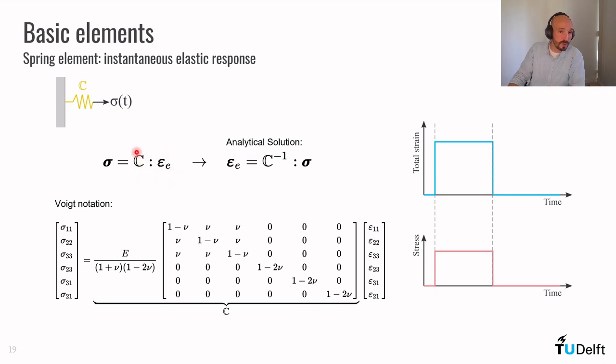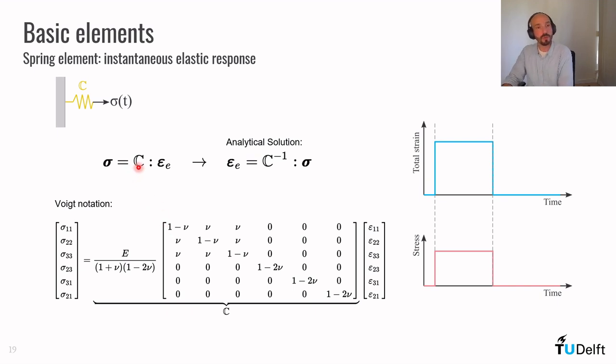This fourth order stiffness tensor can be simplified because the stress tensor is symmetric. The elastic strain tensor is also symmetric, which means that the fourth order stiffness tensor also has to be symmetric. And because of that, we can reduce from 81 components to only 36 components.